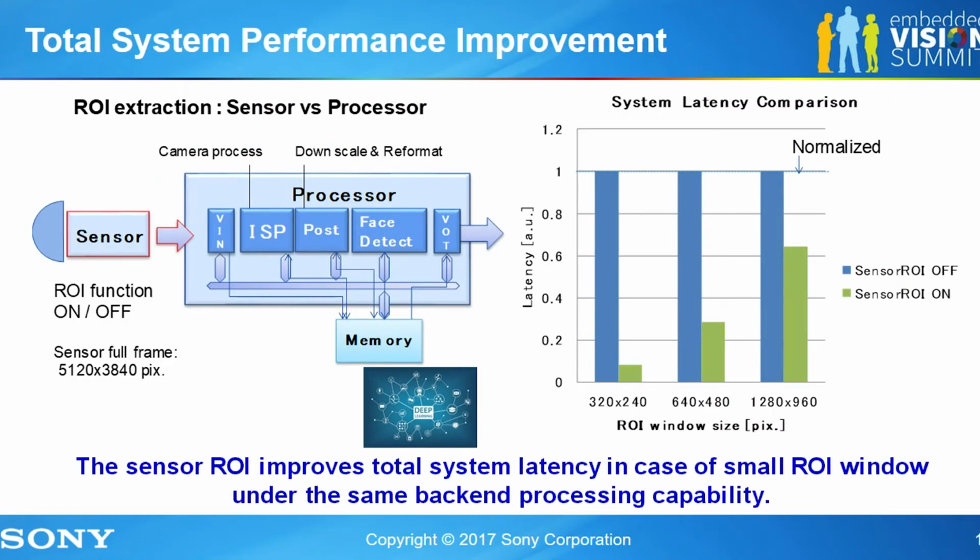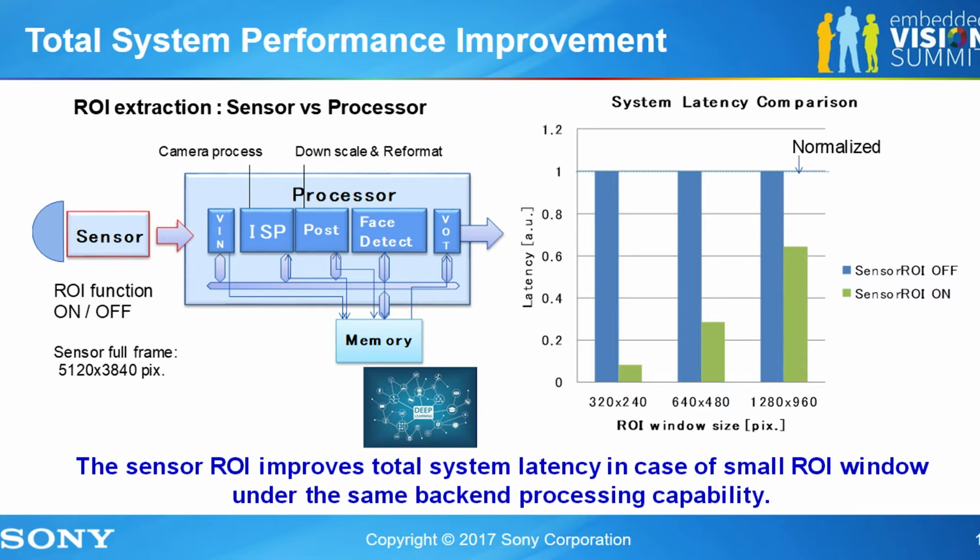Let me try to explain in a little more detail. It's a challenging part for me, but the total system performance is improved. In this case, we are assuming two cases: ROI done in the sensor or in your processor.